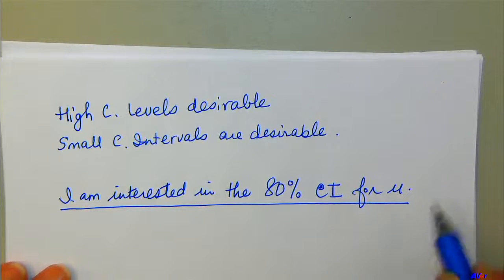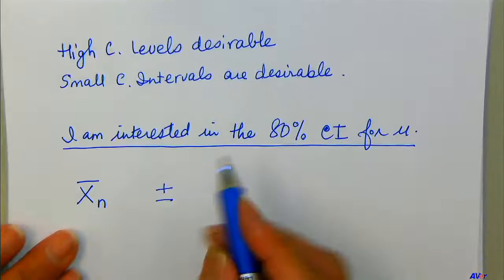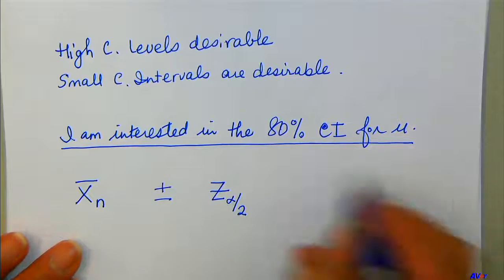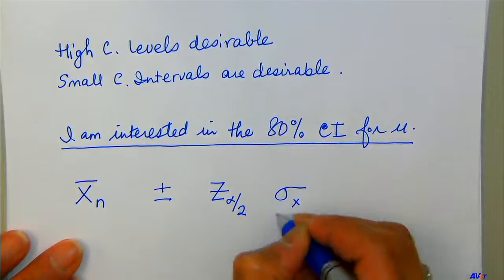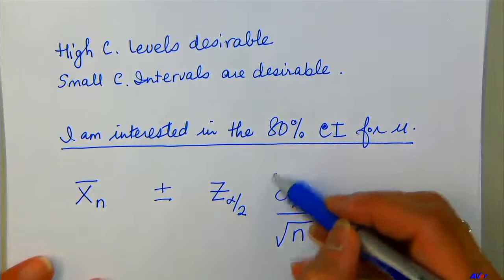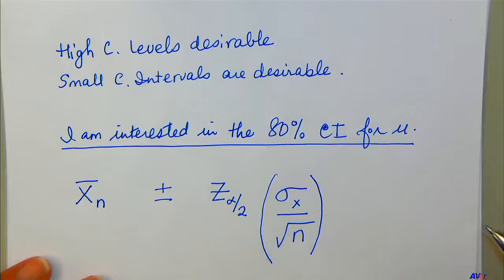The formula is X bar N, that's the sample average, plus or minus Z alpha over 2 sigma X over rad N. This is the standard error that you're already familiar with.